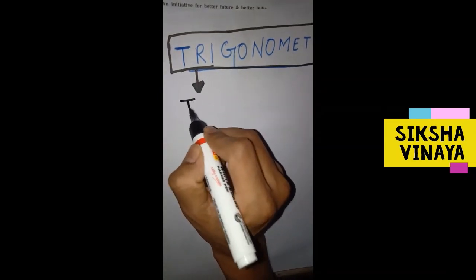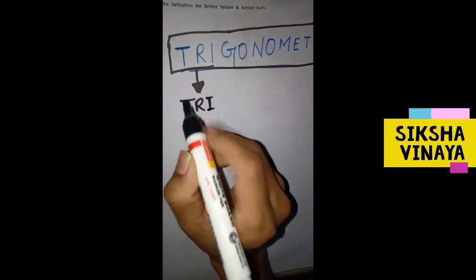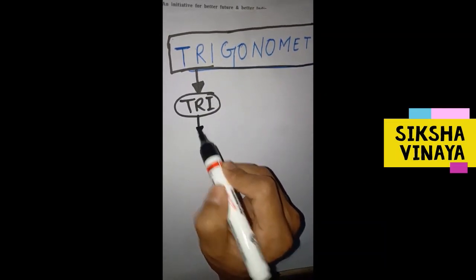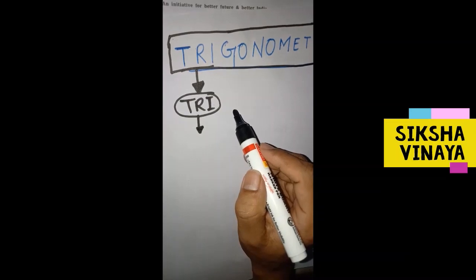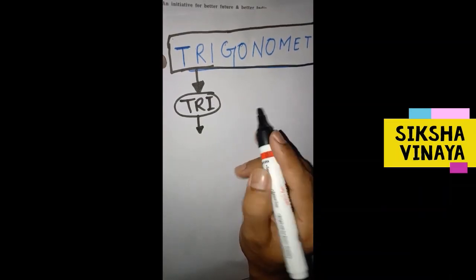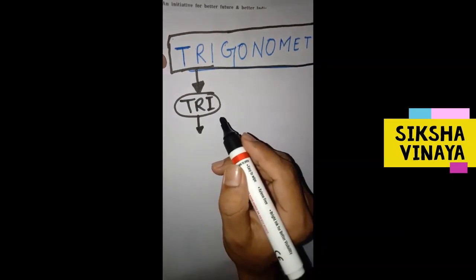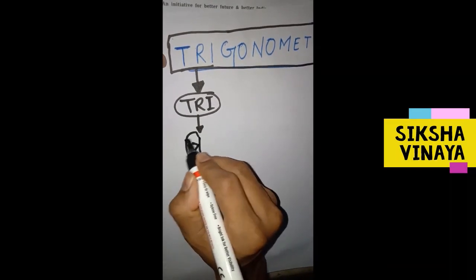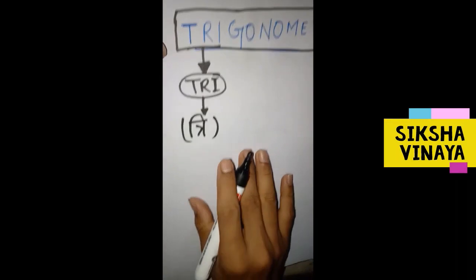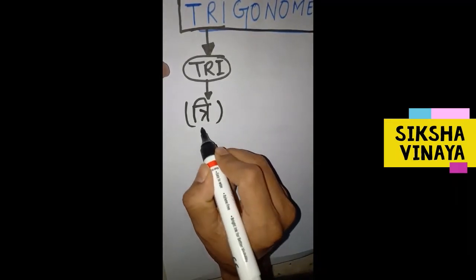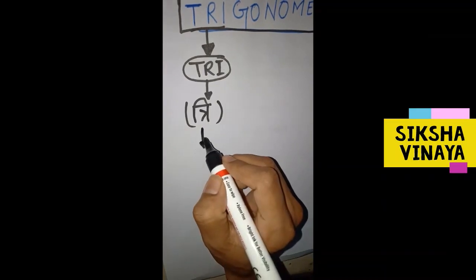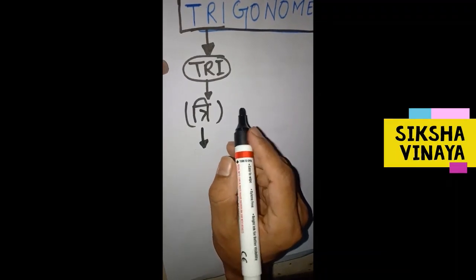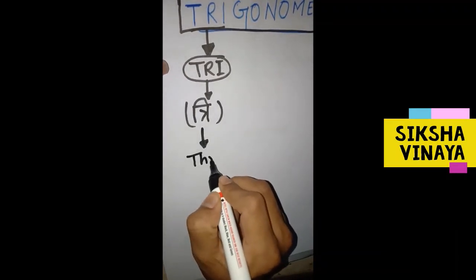First is tri. The word tri, which is from Greece, is derived from the Sanskrit root we call tri, and the English people or Britishers tackled the word and modified it and call it three.